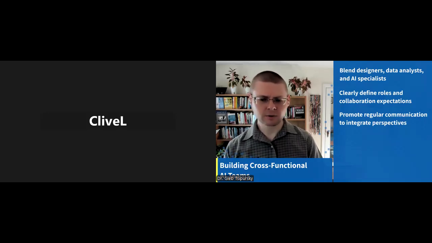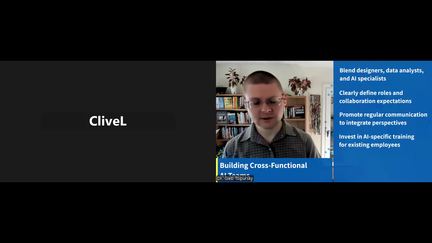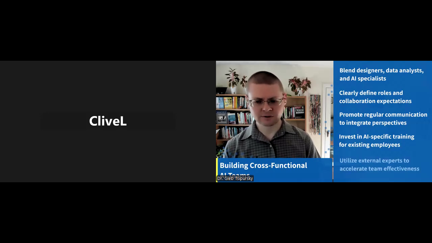Promote regular communication to integrate perspectives across your organization as a whole, and invest in AI-specific training for your existing employees. Again, going back to helping your employees be comfortable with using generative AI. Use your external experts to accelerate the effectiveness of your team and the implementation of generative AI in your company.